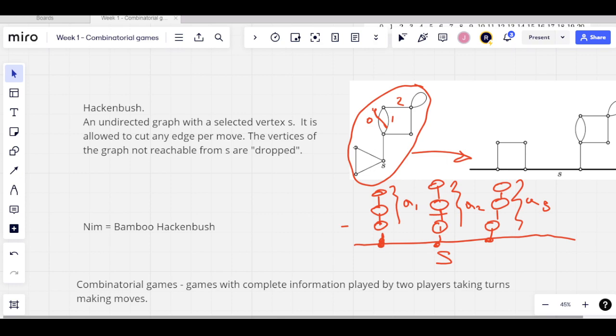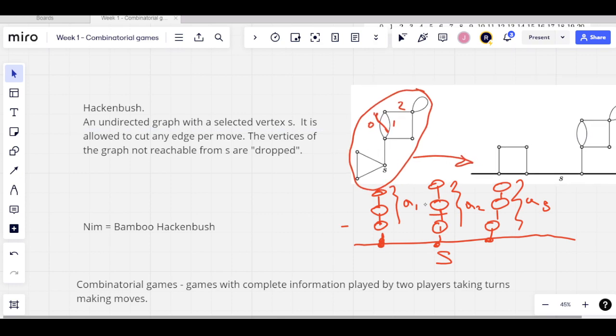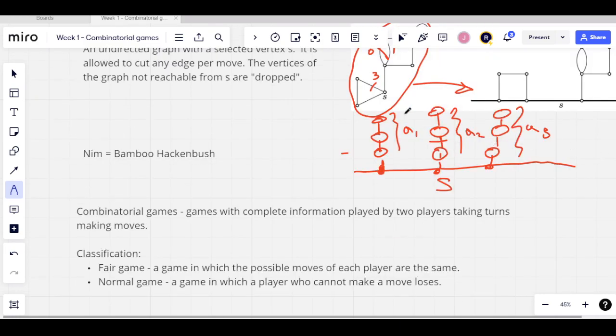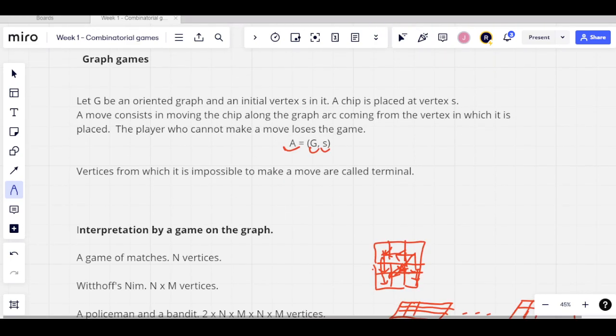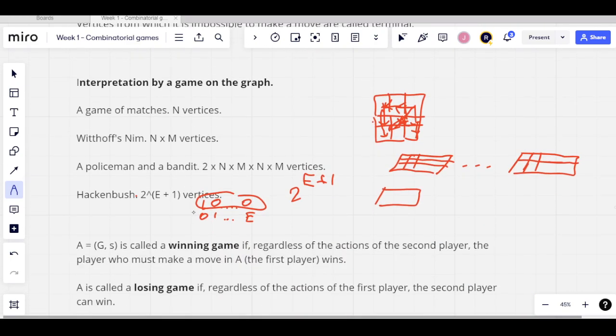For example, if we just cut this and this edge, the state will look like 1, null. I think you understand now, and so on. That's it.